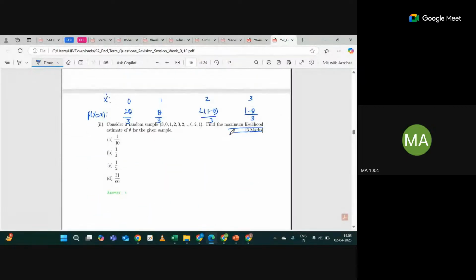Now, what is the likelihood for this? The likelihood is fx of x1 into fx of x2 and so on. How many samples do we have? 10, you can see here: 1, 2, 3, 4, 5, 6, 7, 8, 9, 10. Now observe carefully.